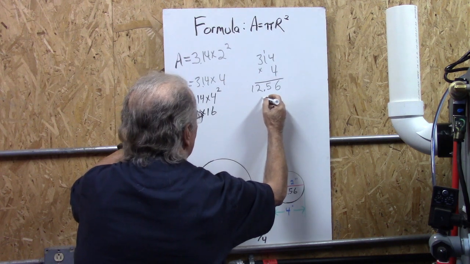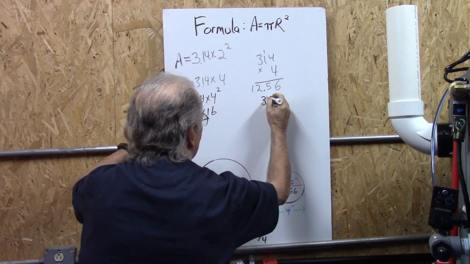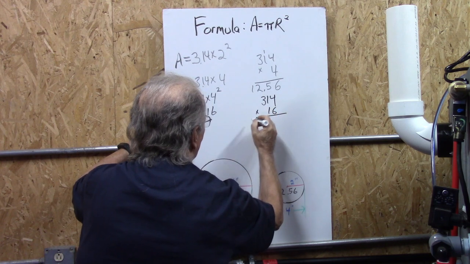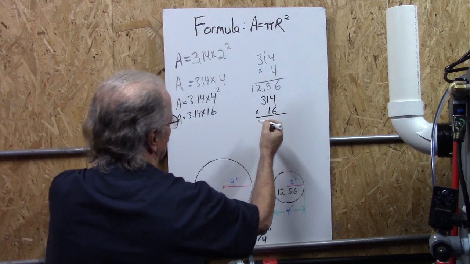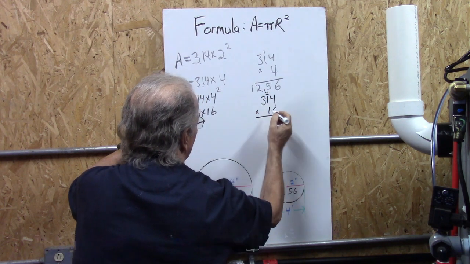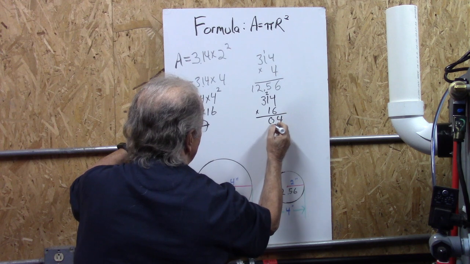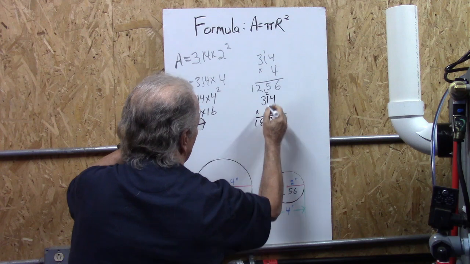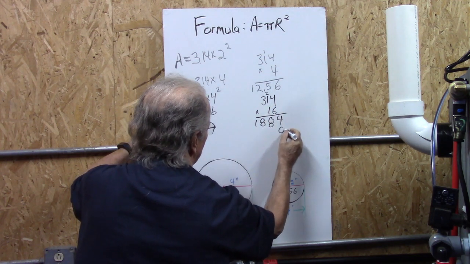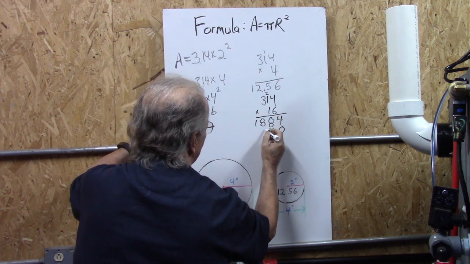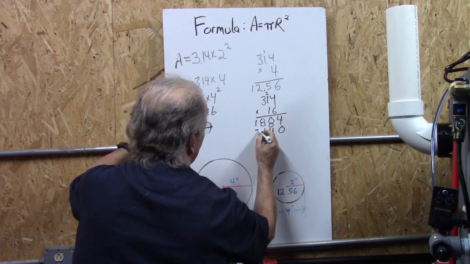So take our decimal points out so we can hopefully remember to put them back in when we're done here. Okay, I'm going to do some multiplication here. So 6 times 4 is 24. Carry the 2. 6 and 1 is 6, plus 2 is 8. 3 and 6 is 18. 1 times 4, so we'll put our obligatory 0 there. 1 times 4 is 4, 1 times 1 is 1, and 1 times 3 is 3.